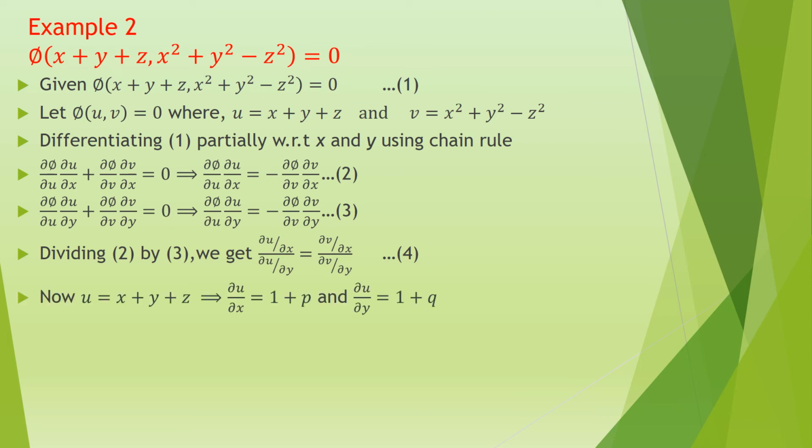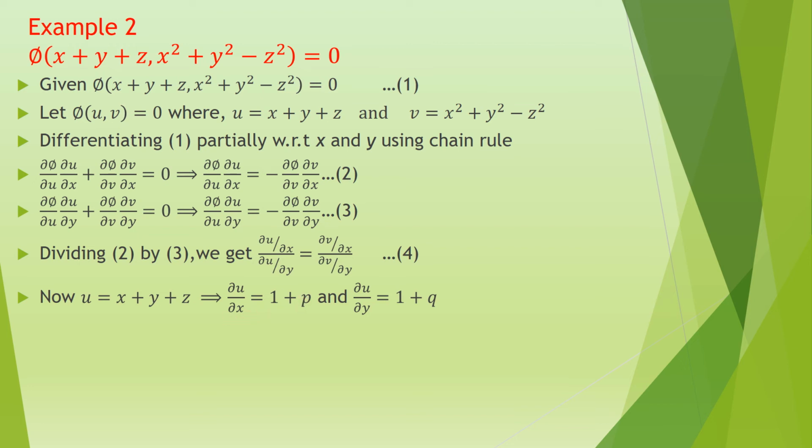Now we have to find what is ∂u/∂x, ∂u/∂y, ∂v/∂x and ∂v/∂y. Given u is equal to x plus y plus z. So we have to find ∂u/∂x. ∂u/∂x equal to 1 plus, because here the variable is x, so 1 plus derivative of y is 0, plus derivative of z, that is ∂z/∂x, which we denote as p. So ∂u/∂x is 1 plus p.